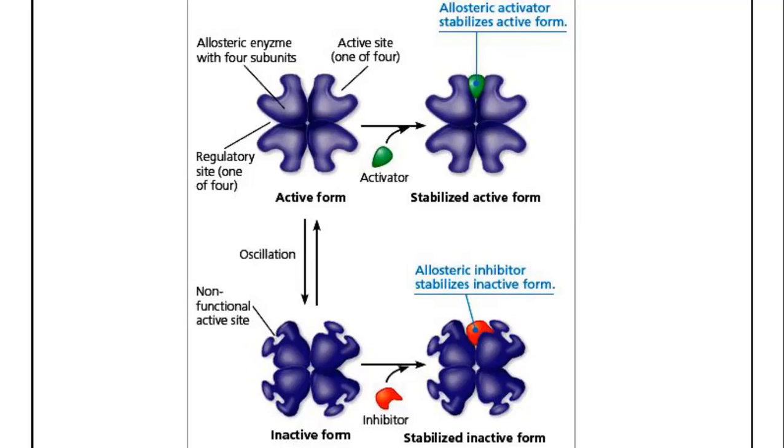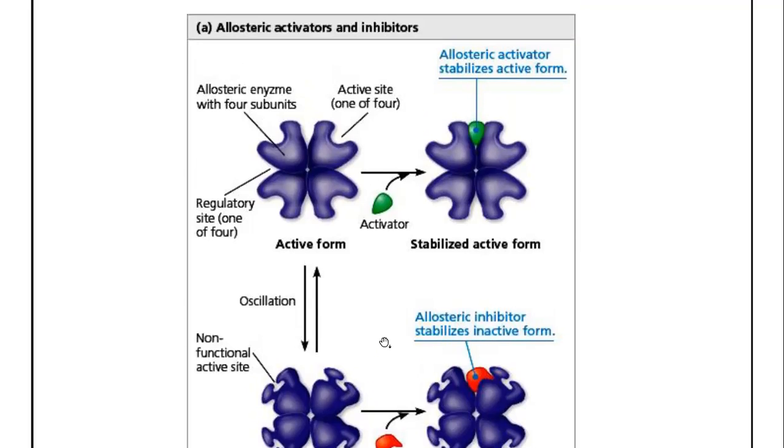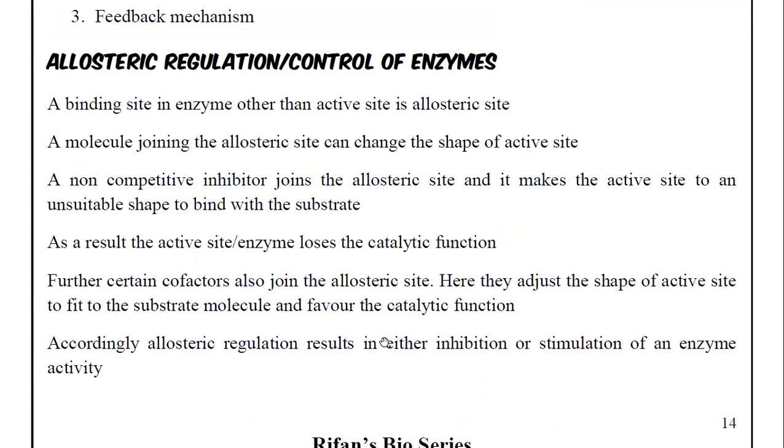My question is, in this one, is the active site shape decided by the activator or inhibitor? No. But in the previous one, the active site shape is determined by the inhibitor or regulator. Correct? Yes, sir. Can you understand the difference?